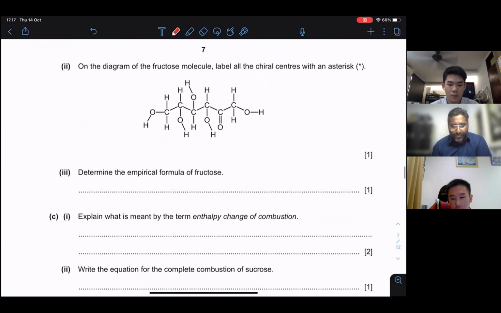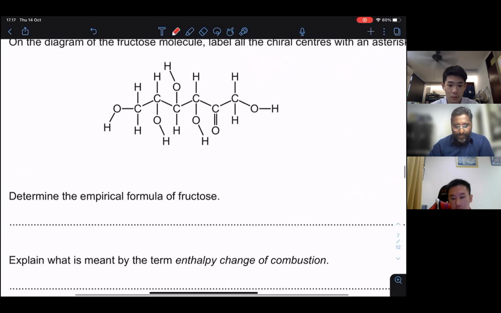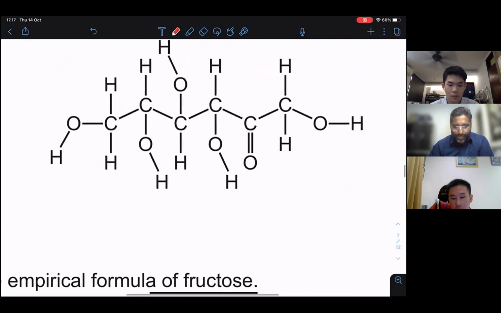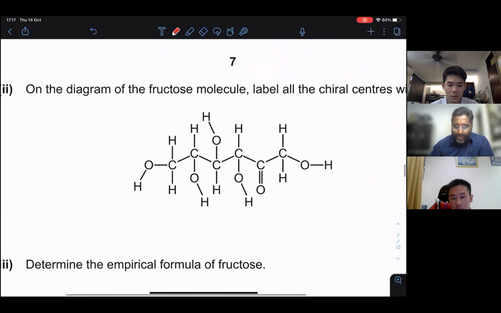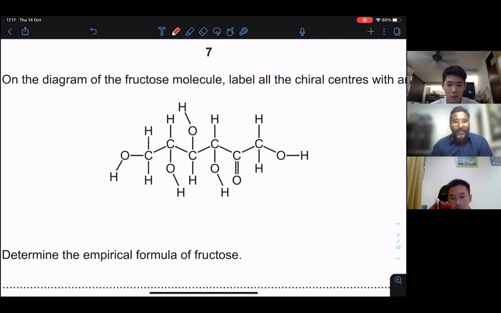Now, on the diagram of the fructose molecule, label all the chiral centers with an asterisk. So if I want to label, do remember they want to label chiral centers, it means carbon. Don't go and label oxygen over there. Don't label hydrogen, because hydrogen can only form 1 bond. Oxygen can form only 2 bonds.